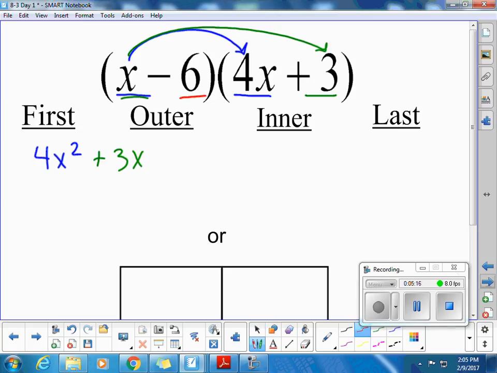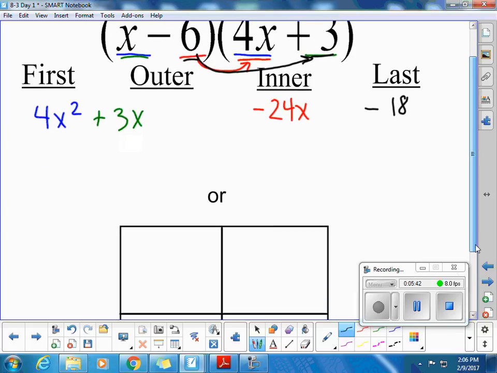So inner are these two terms, -6 times 4, which would be -24x. And then last, which is -6 times +3, so -18. So first, outer, inner, last is FOILing.